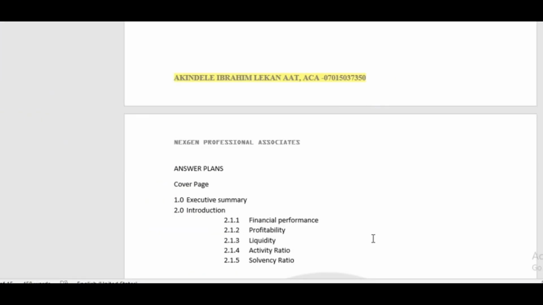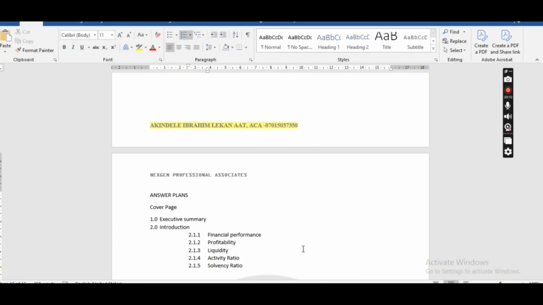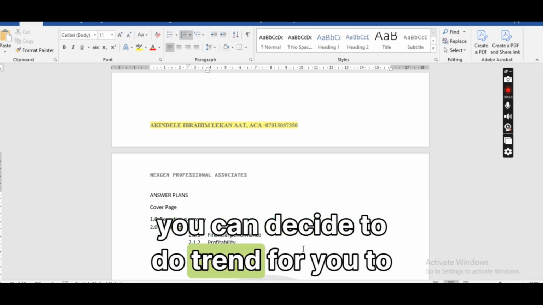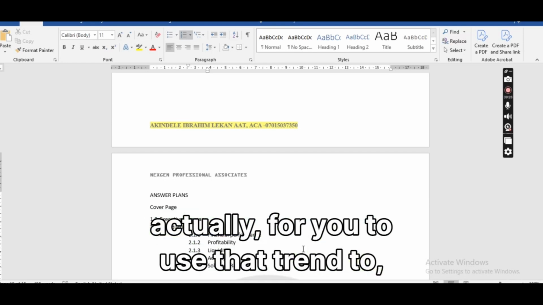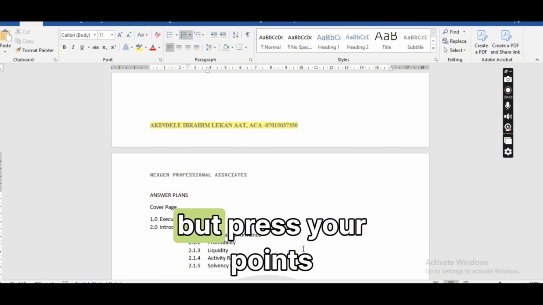It will be clearly stated that you should use profitability, liquidity, activity or solvency ratio, as well as trend. Even if they don't mention trend, you can decide to do trend to buttress your point.